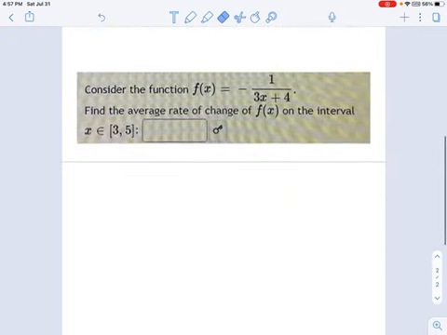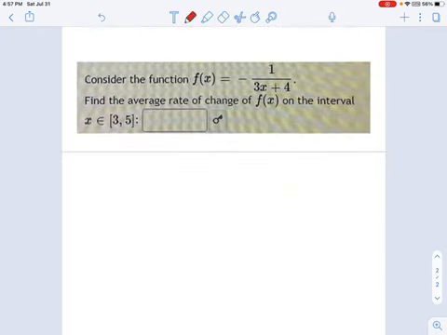Now, we're going to take the same exact idea and do this one. The only reason I'm repeating myself with doing another example is because fractions get a little more difficult. So if you want some help working through this one, here we are. But if you think you got the concept, great, you're good to go. So, same idea as before. x1 equals 3, x2 equals 5.